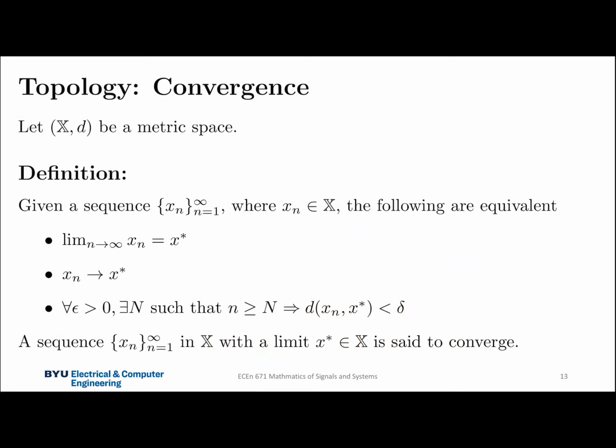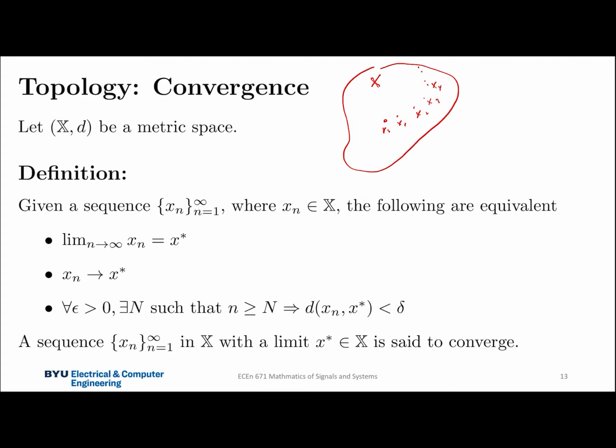All right, so now that we have talked about open sets and closed sets, we can talk about convergence. Convergence again is defined for metric spaces. So if we let (X, d) be a metric space, you can think of a sequence x_n, n equals 1 up to infinity, where x_n is all in X. Visually, here's X, and I've got x0, x1, x2, x3, x4, I'm just marching along.